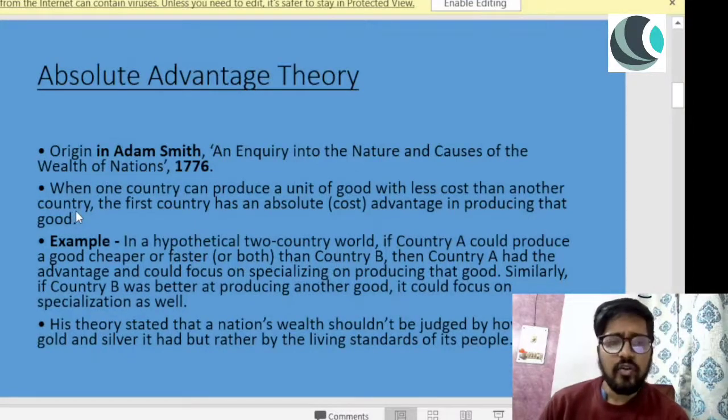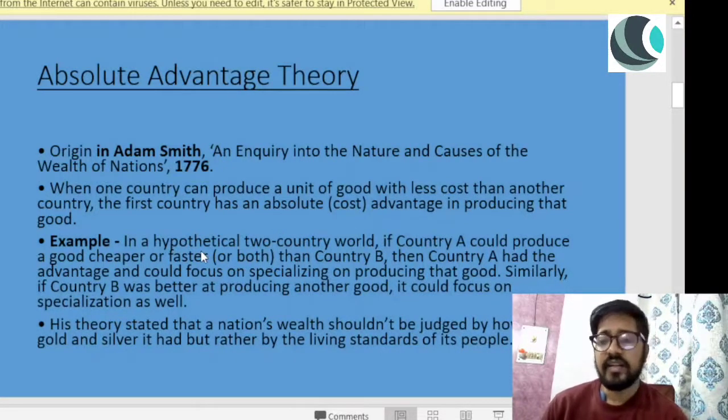So, what this theory talks about: when one country can produce a unit of a good with less cost than another country, the first country has an absolute advantage in production of that good. Basically, when you can produce a good more efficiently, more effectively, when a nation can produce a good with fewer resources compared to another nation, you have an absolute advantage.